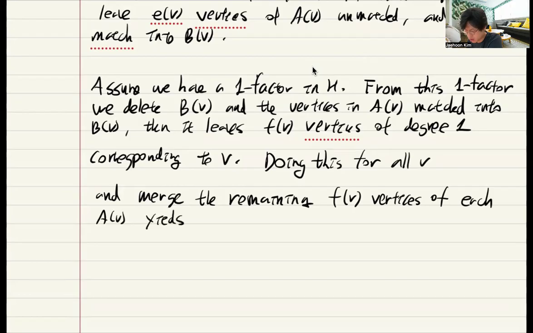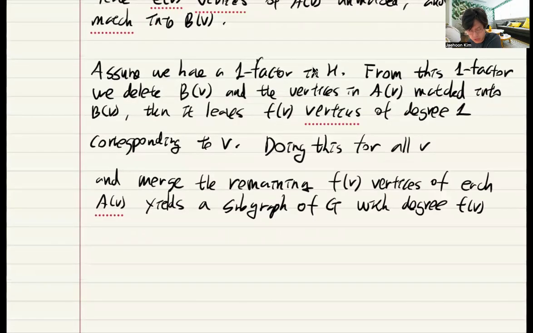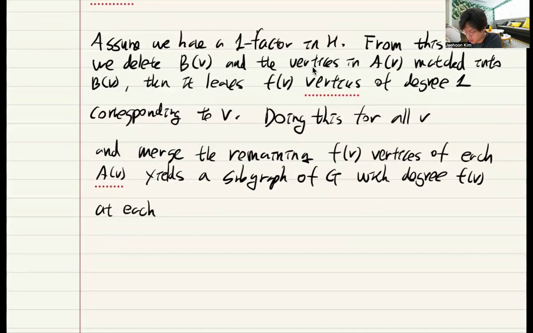This yields a subgraph of G with degree f(v) at each vertex v. So this gives you the difference.